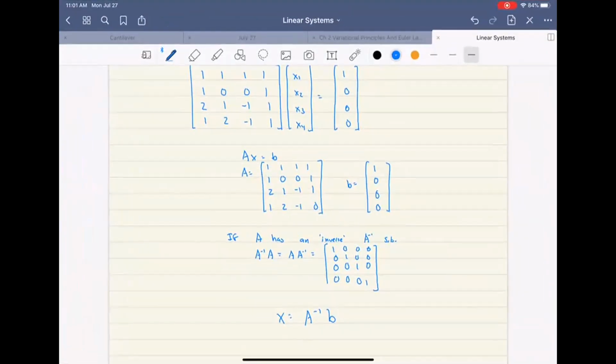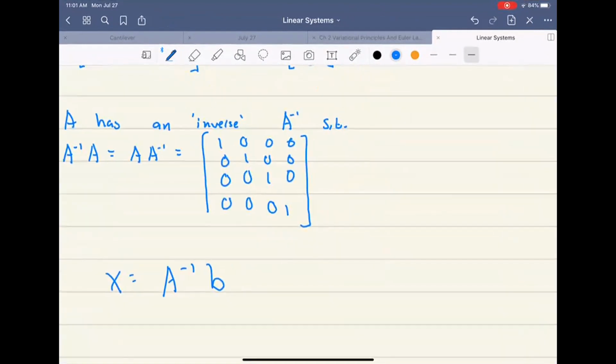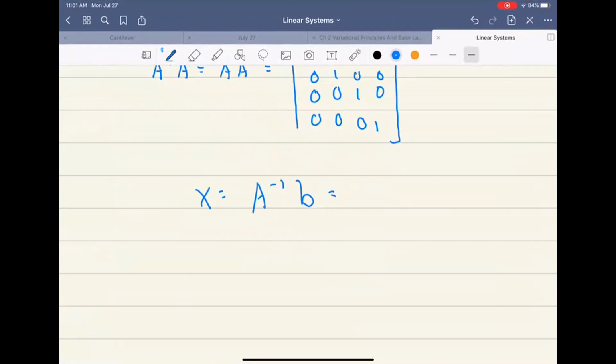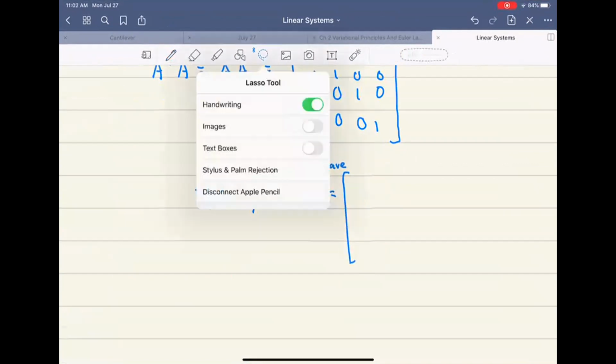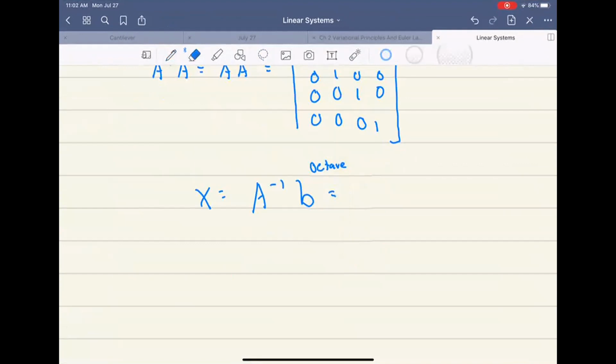Looking at my answer from before, I used Octave to do this: one third, one third, 2/3, negative 1/3.